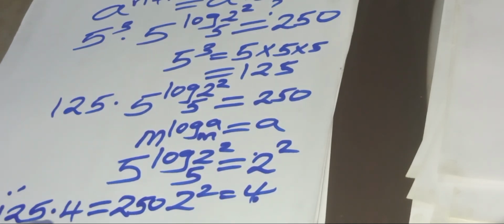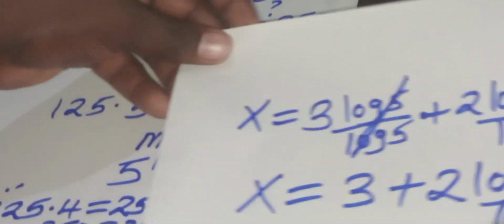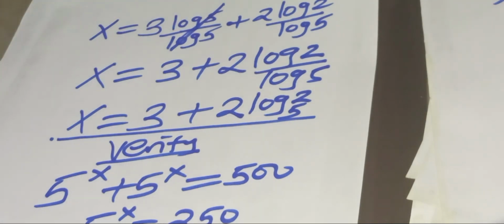So we'll have 125 multiplied by 4, so 125 times 4 is 250, which is equal to 250. So that means the left-hand side is equal to the right-hand side. And that affirms that the value of x, which is equal to 3 plus 2 log 2 to base 5, actually satisfies the equation.